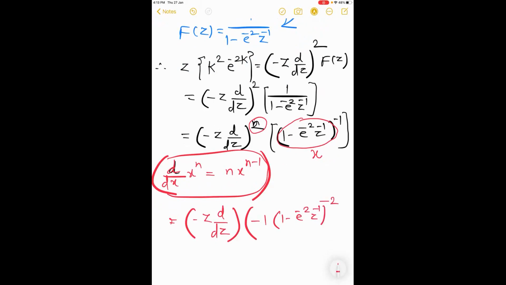That is x raised to n minus 1, multiplied by the differentiation of the term e raised to minus 2 into z raised to minus 1.